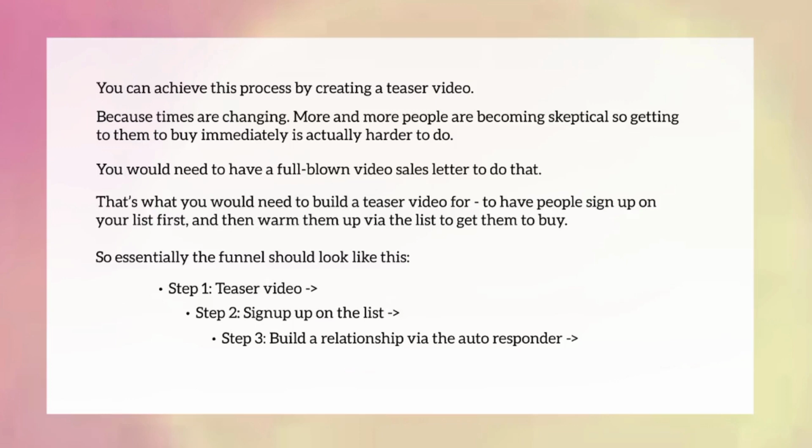And psychologically, we have seen that most of the time it takes anywhere from 7 to 12 emails or days, whatever you want to do, for the prospect to really warm up to you. And in that time, you just want to give them really good content to bring them from they don't know you to, oh, I really trust you enough to want to buy your product.